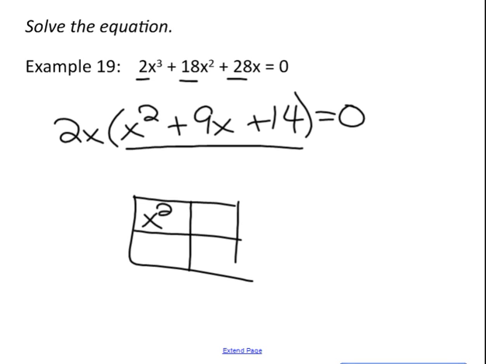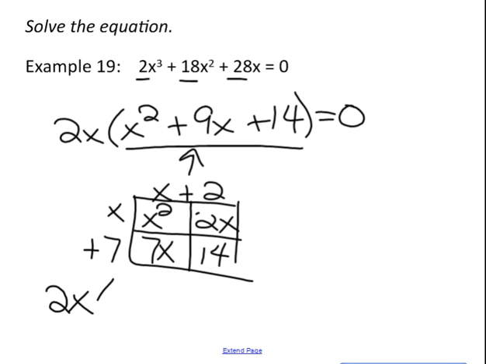We've got x squared and 14. We're looking for two numbers that will multiply to get 14. So let's try a positive 7 and a positive 2. Will give me 2x and 7x. 2x plus 7x will give me a 9x, which is what I'm looking for, so these factors are correct.